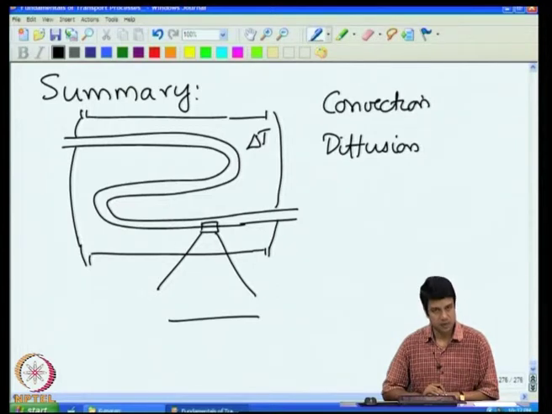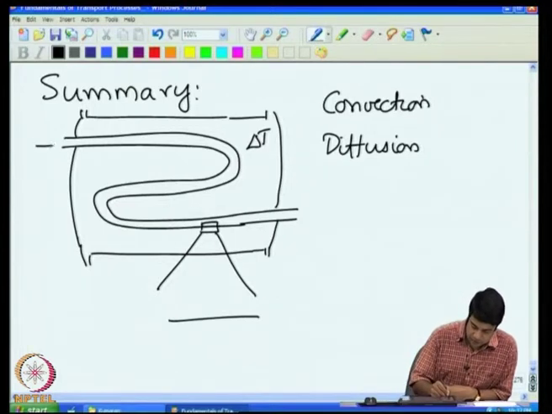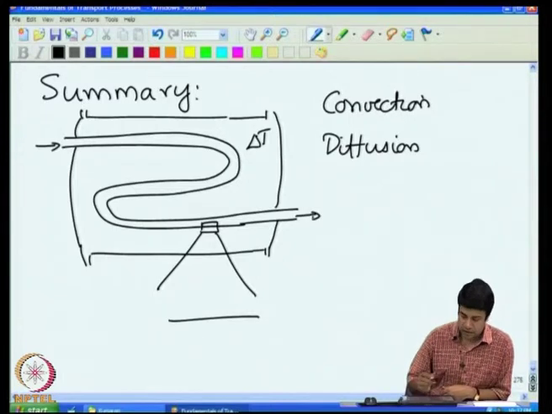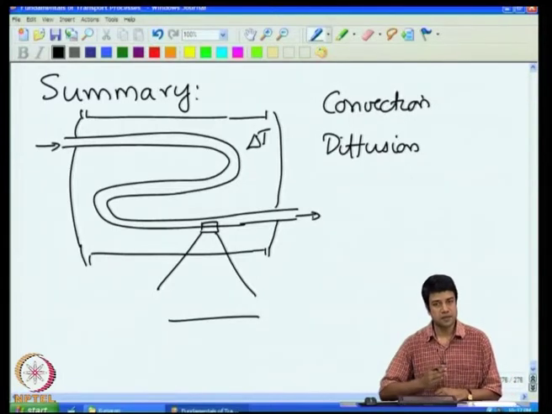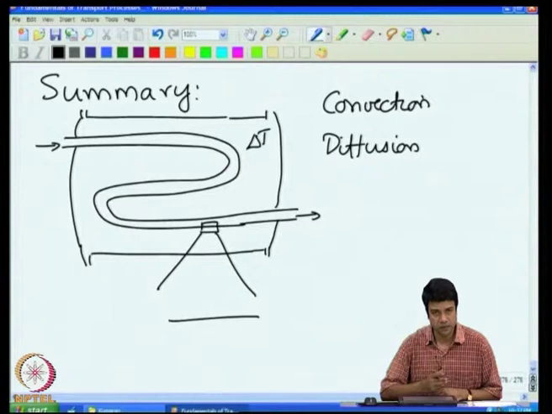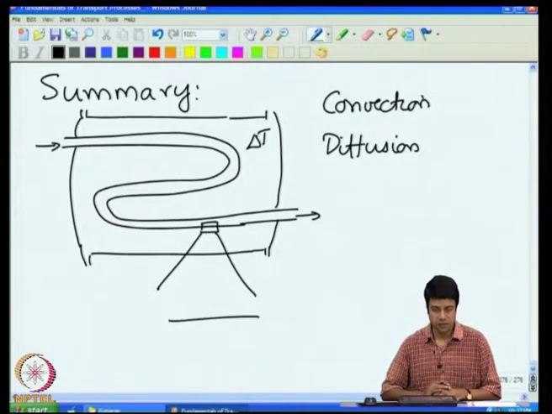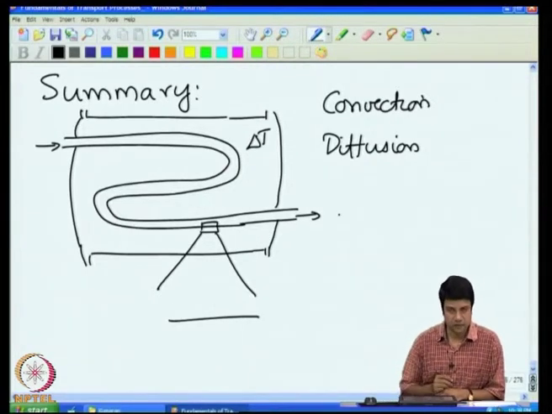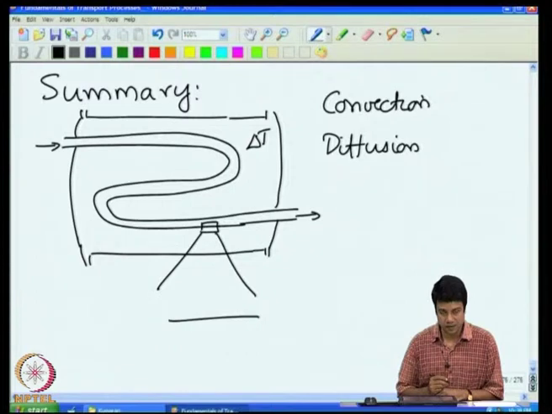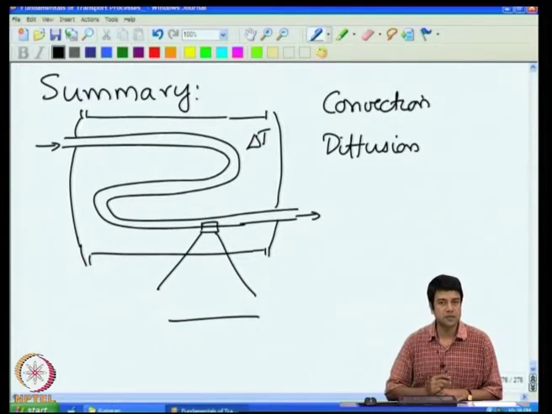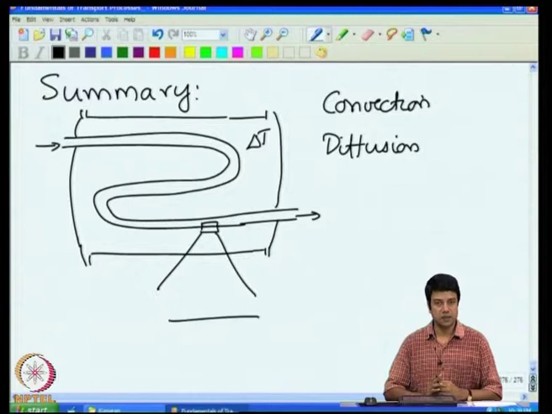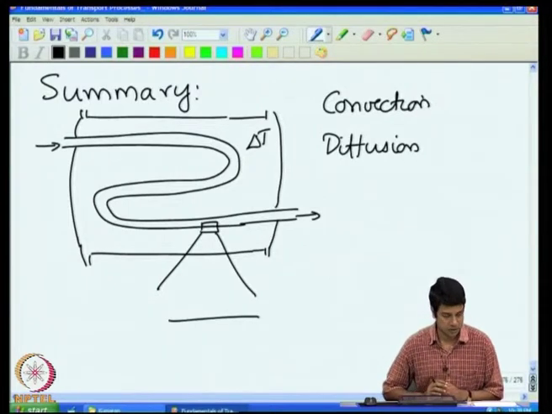So, in this particular case, there is convection at the inlet and there is convection at the outlet. So, convection is bringing in, for example, cold fluid into the heat exchanger, and convection is taking out hot fluid from the heat exchanger. So, convection is responsible for transport of mass, heat and momentum along the direction of the flow.